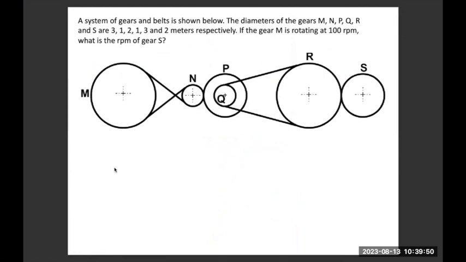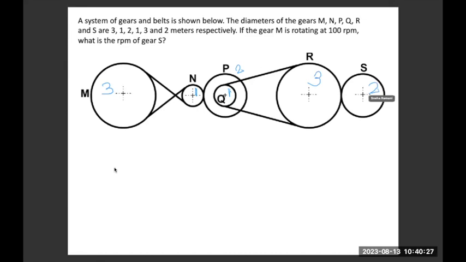So here you're given some system of gears, and what you have to find is, along with that, you're also given their radius. I'll just write the radius here. M, N, P, Q, R, S, they are in sequence. So this is 3, this is 1, this is 2, this is M, N, then this is 2, this is 1, this is 3, and this is 2.